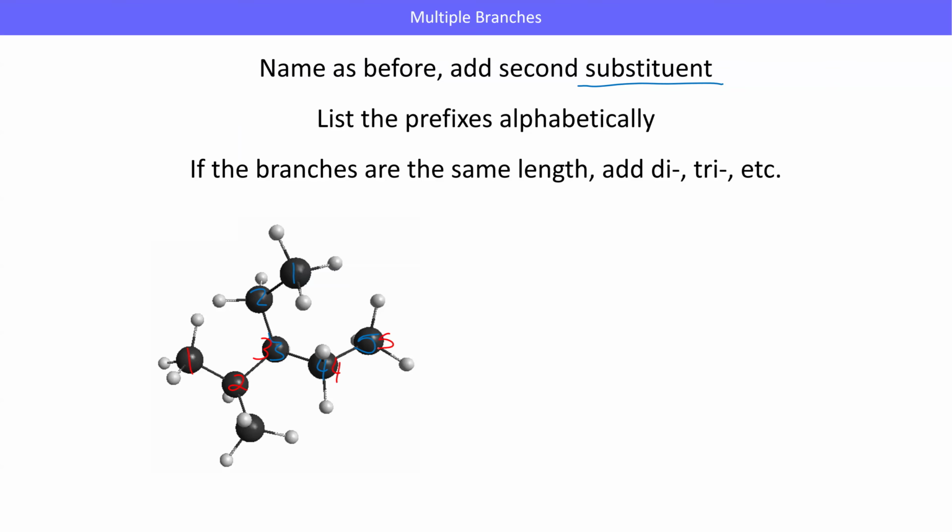Now we actually do see a difference. It's the same molecule, it's still ethylpentane, except we added one more substituent on there, and now it does matter which way we count a little bit.